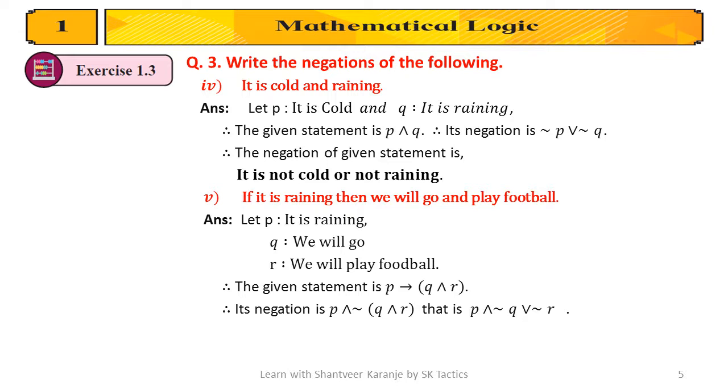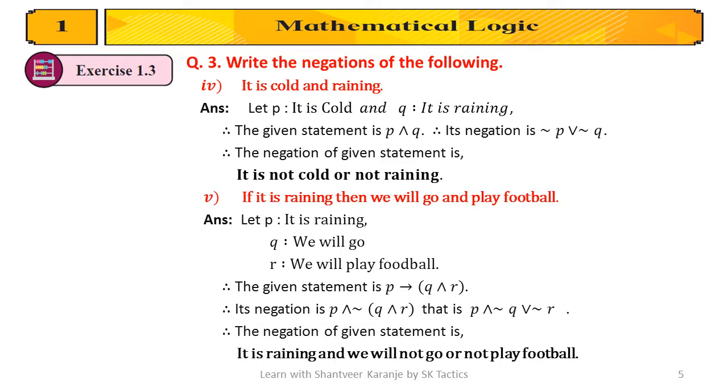This is P and negation of Q or negation of R. So in statement form, it is raining for P, and we will not go or not play football. This is for negation of Q or negation of R. I hope you understand this. So next question.